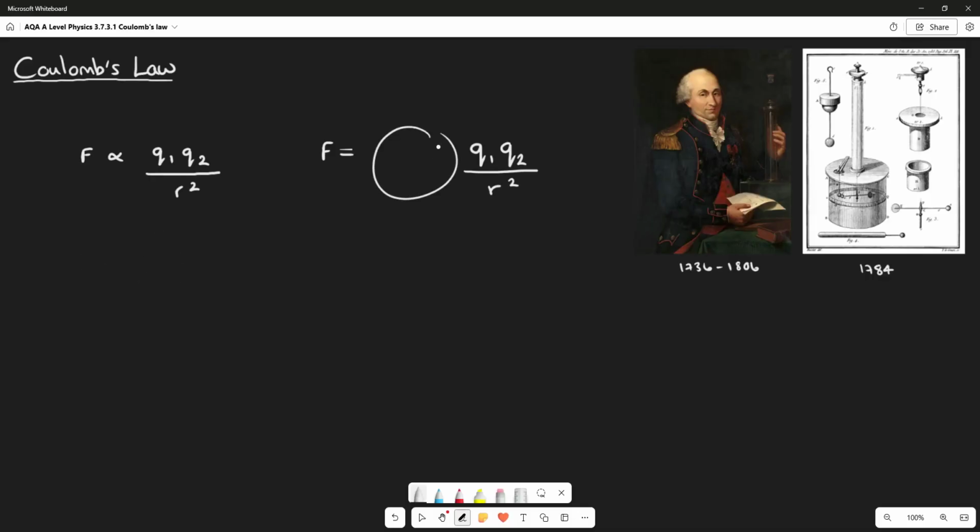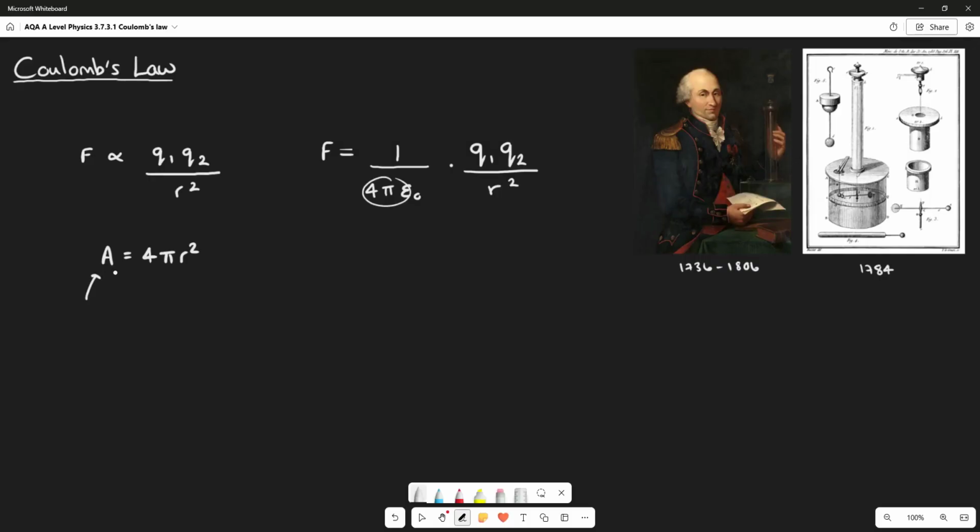So over here we're going to put the constant of proportionality, which consists of 4 pi epsilon subscript 0. The 4 pi originally comes from this equation here.